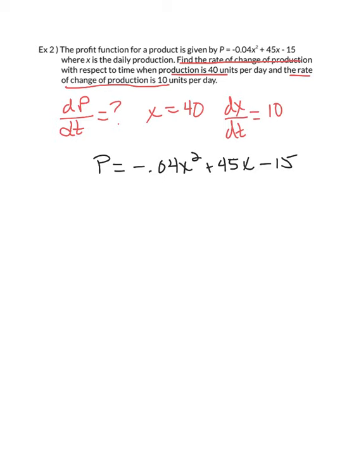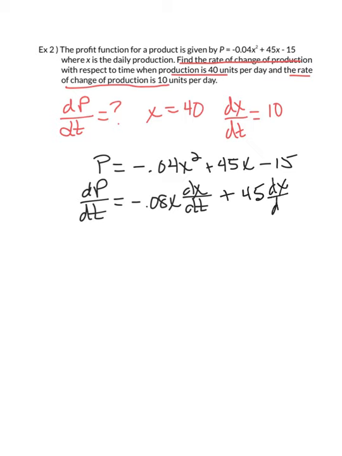The derivative of p is 1, but then I must write dp dt equals, the derivative of the first term will be negative 0.08x, but because we just took a derivative, we have to write dx dt, plus the derivative of 45x is 45, and we have to write dx dt because we just did a derivative. And the derivative of the minus 15 will be 0, so you are done.